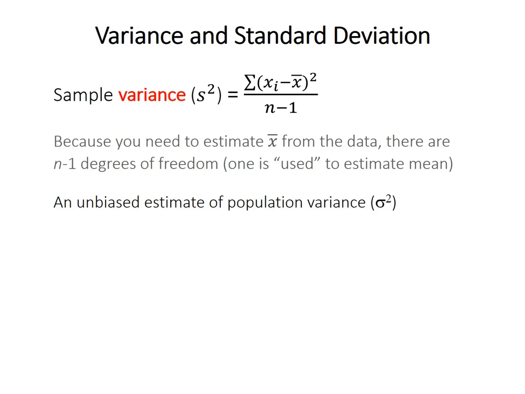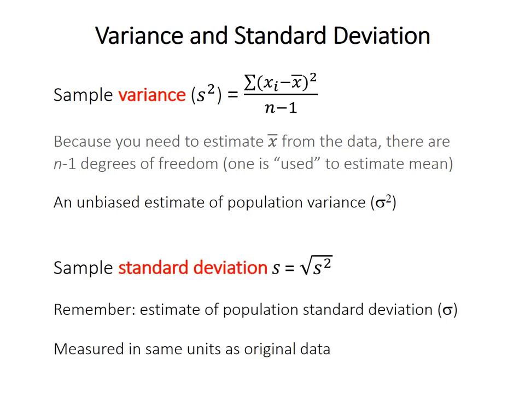And so for that reason, if we want to describe the dispersion in a sentence or in a table in a paper, it's more common to report the standard deviation, s. The sample standard deviation is just the square root of the sample variance, and this has the same units as the original data. If our data are sizes, our standard deviation will be in millimeters, or whatever unit we measured.